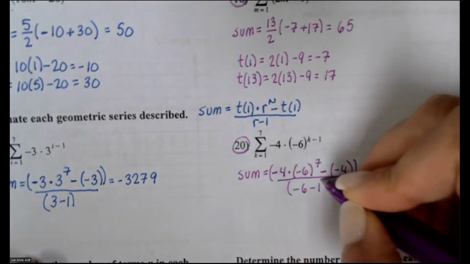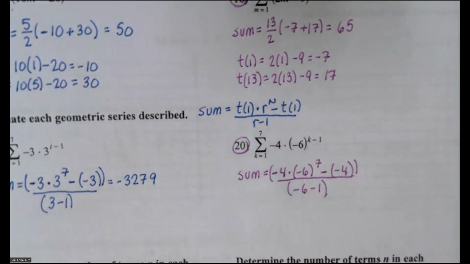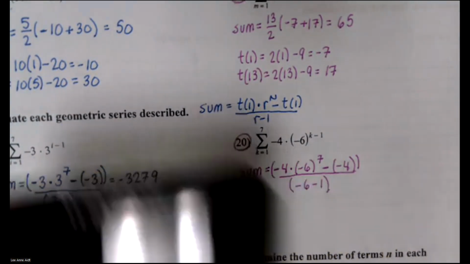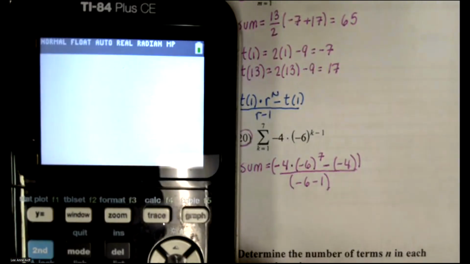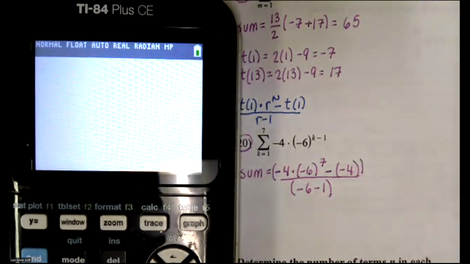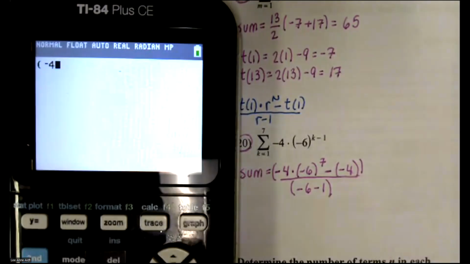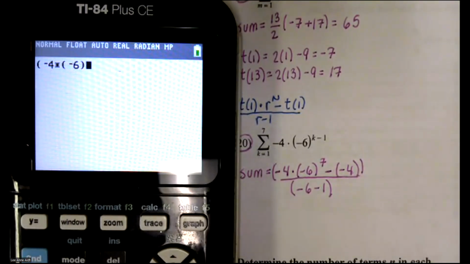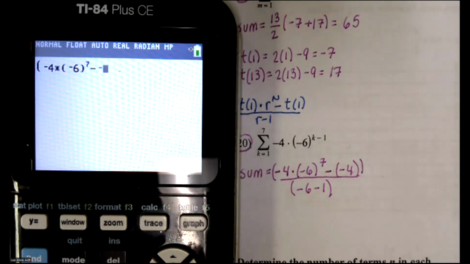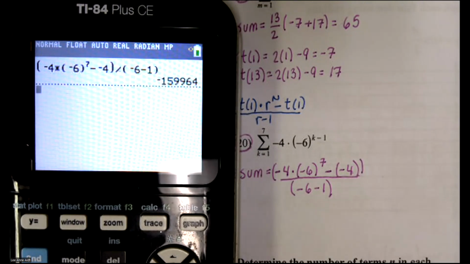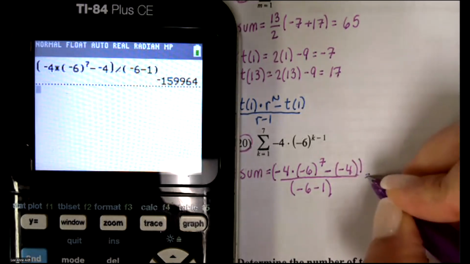There's going to be lots of parentheses here. All the parentheses. Okay, negative 4 times negative 6 to the 7 minus negative 4 over negative 6 minus 1. That's a big number.